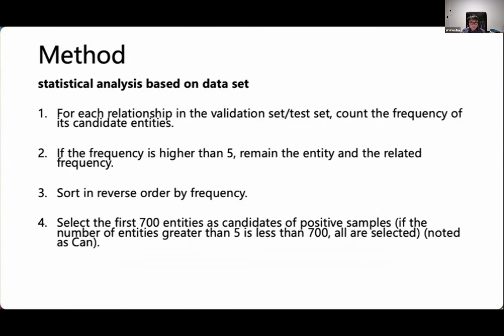Step 3: sort in reverse order by frequency. Step 4: select the first 700 entities as candidates of positive samples. If the number of entities greater than 5 is less than 700, all are selected, noted as CAN.